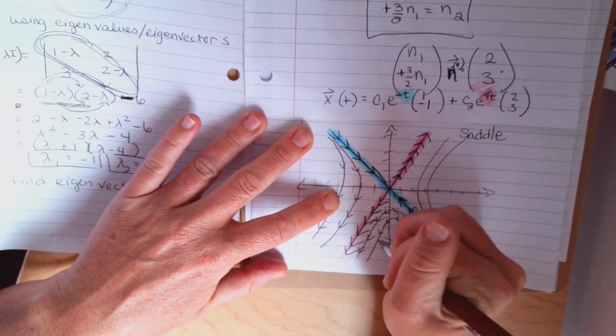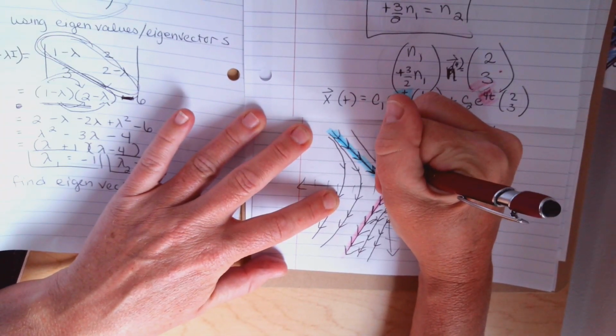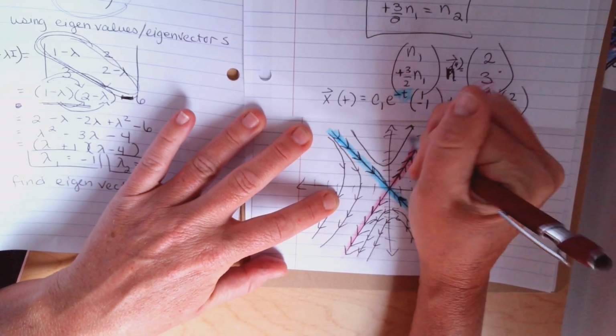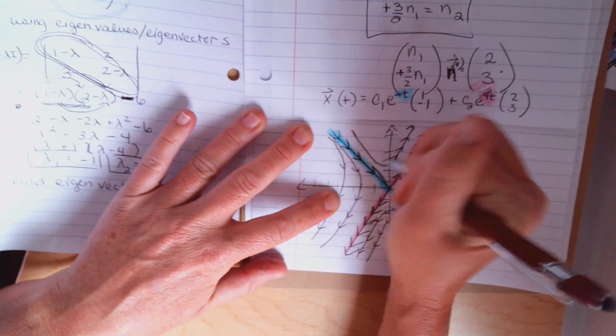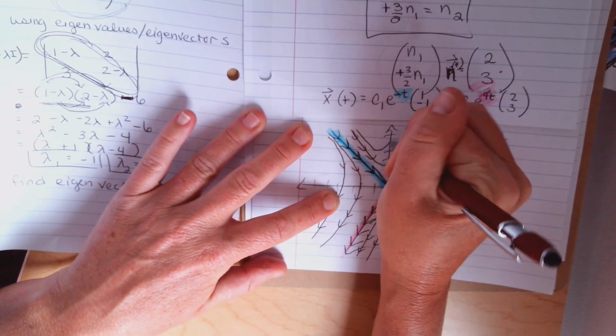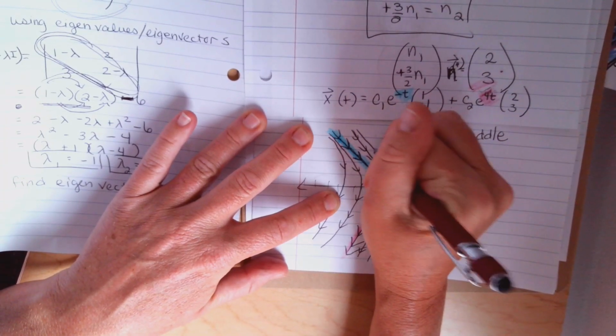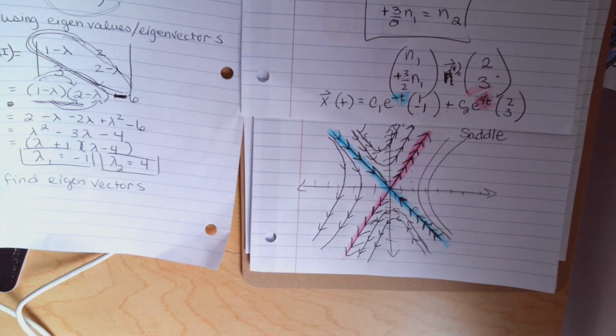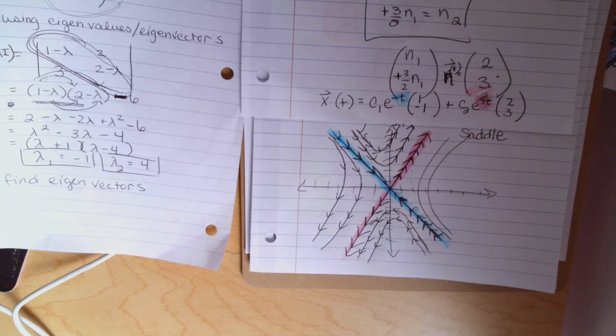And then one more over here, and then we go parallel that way. And maybe one more. Okay, so that is an example of a two eigenvalue, eigenvector solution.